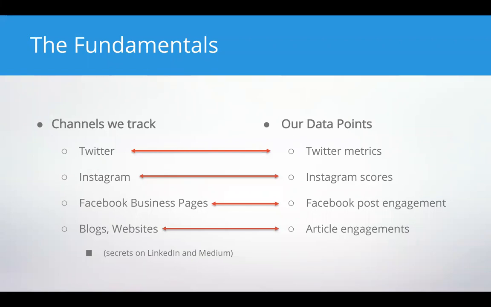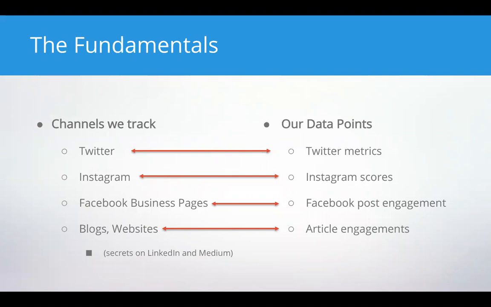In our Instagram data, then, we provide an internal scoring mechanism to allow you to benchmark one Instagram profile versus another. It's sort of a 0 to 100 scale that helps you rank the potential impact or average engagement that an Instagram influencer drives. The third would be Facebook post engagement.